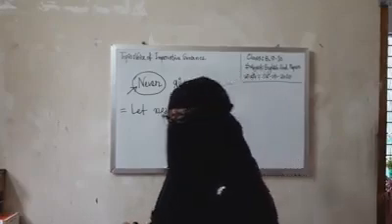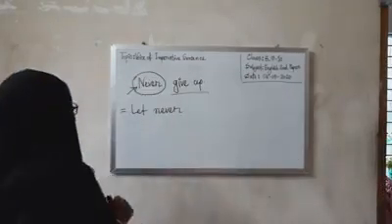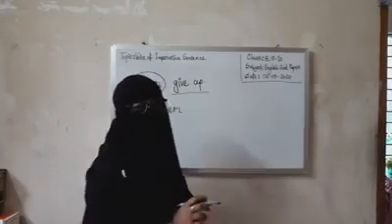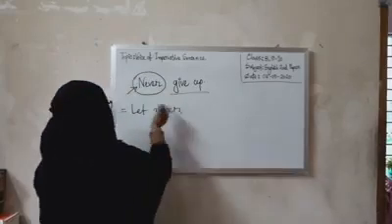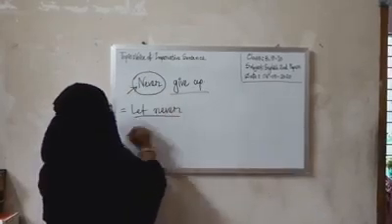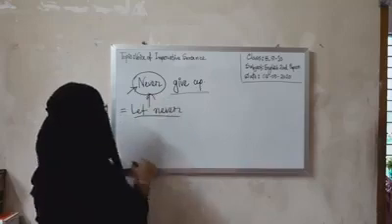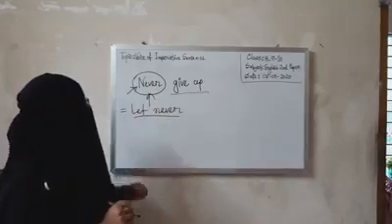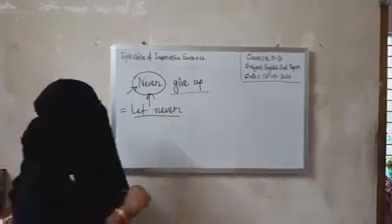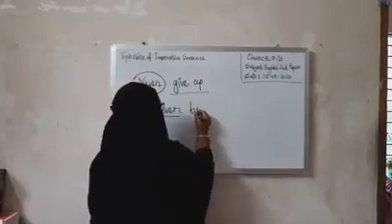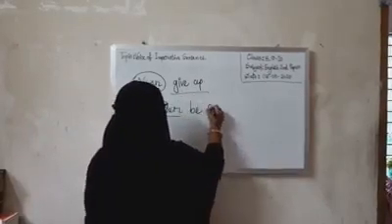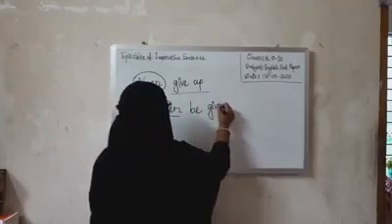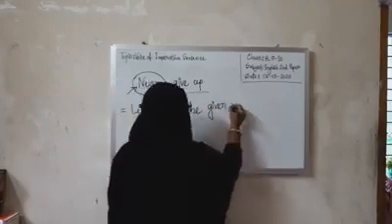So what should we do? Can you guess what should we do? Firstly, we have to use let, never. As there is never in passive form, we have to use let, never. Then we have to use be, and then the V3 of the main verb. Let never be given.